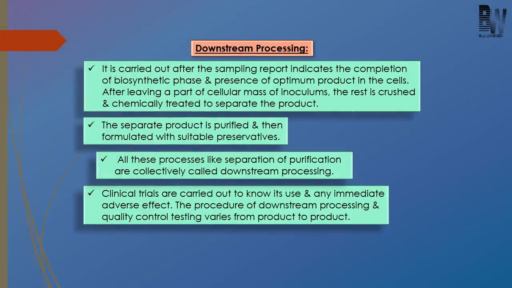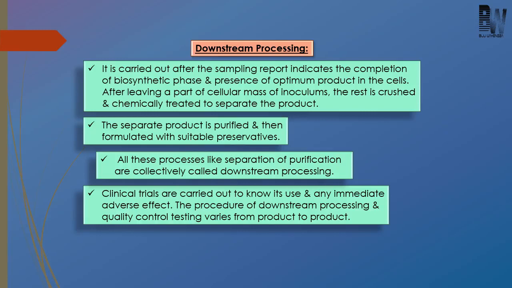Now come to the last step, that is downstream processing. Here after the completion of the biosynthetic phase, which is indicated by the sampling port present in the bioreactor, the product will be separated, and after that the product has to be subjected to a series of processes before it is ready for marketing.